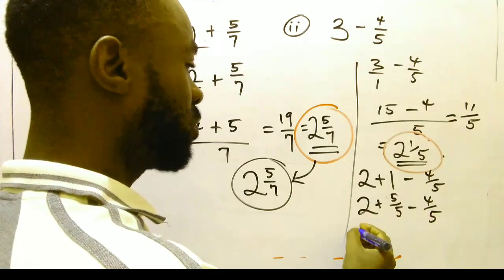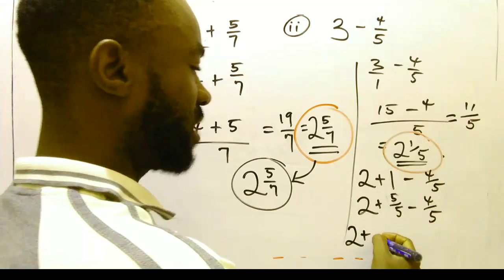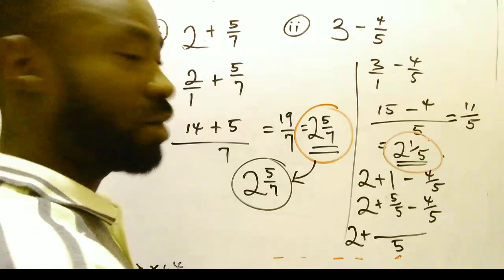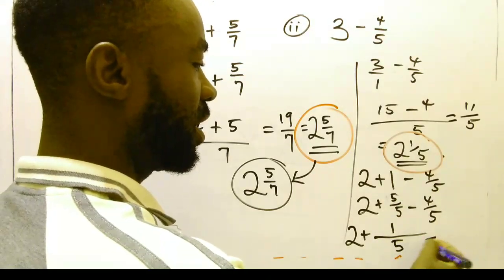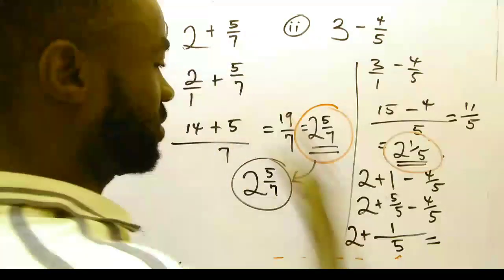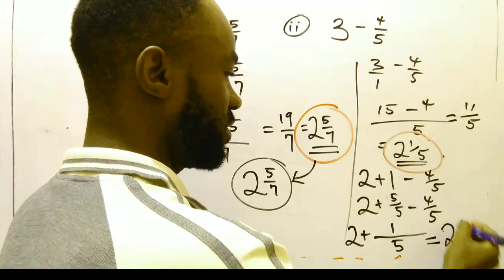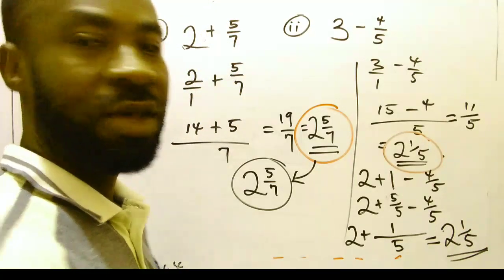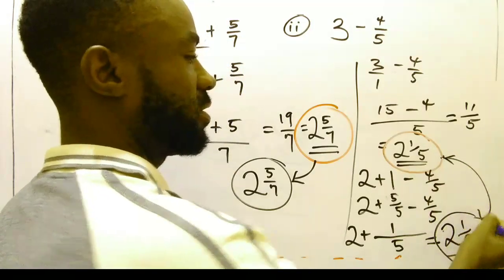So our knowledge of equivalent fractions tells us that since our denominators are the same, all we have to do now is subtract the numerators, 5 minus 4, which is 1. And based on this, 2 plus a fraction, our answer is 2 whole number 1 over 5. Can you see now that it's also the same thing as this?